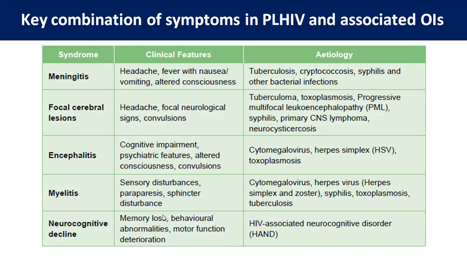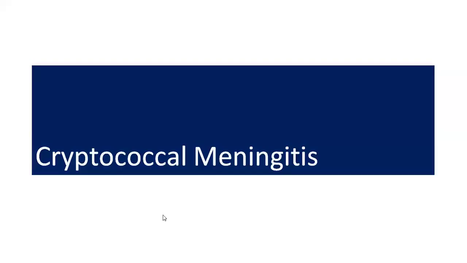If it is myelitis, involving the spinal cord: sensory disturbances, paraparesis, sphincter disturbances, again caused by CMV, HSV, syphilis, toxoplasmosis, tuberculosis. Neurocognitive decline: memory loss, dementia, behavioral abnormalities. So, various other important characteristics of CNS infections.